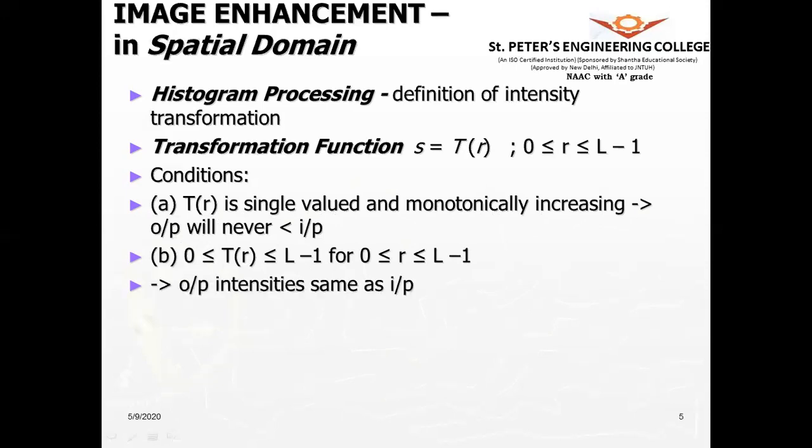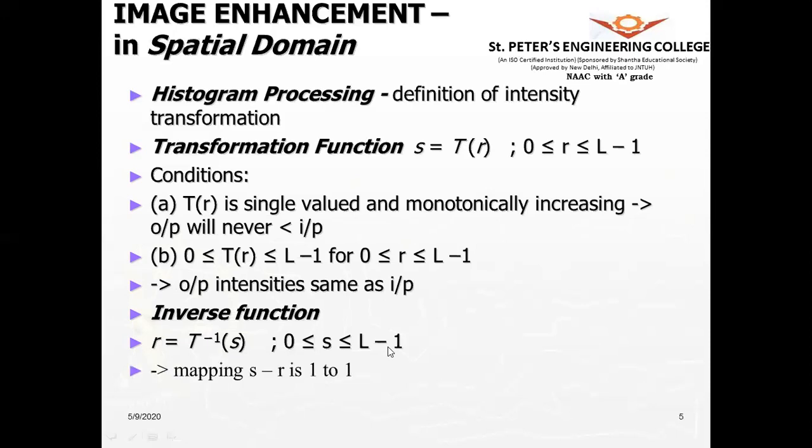This implies that the output intensities will be in the same range as the input intensities. When you take the inverse of this transformation, the output value s should also lie between 0 and L minus 1. So this implies that there is a one-to-one mapping between the input and the output.